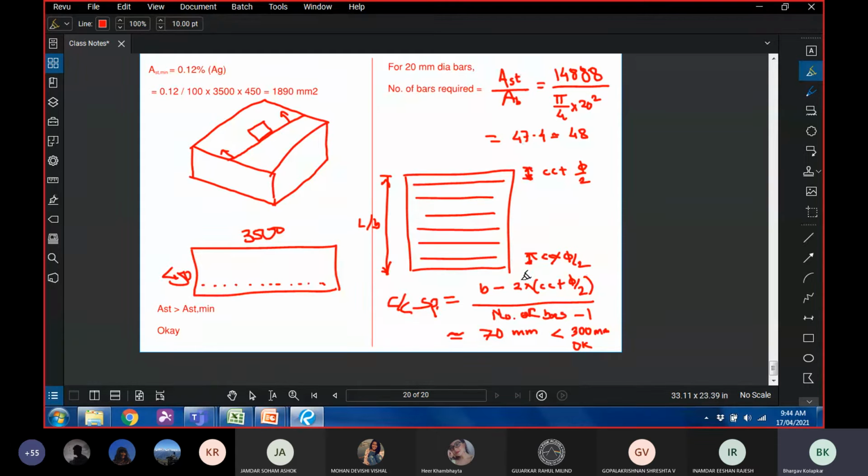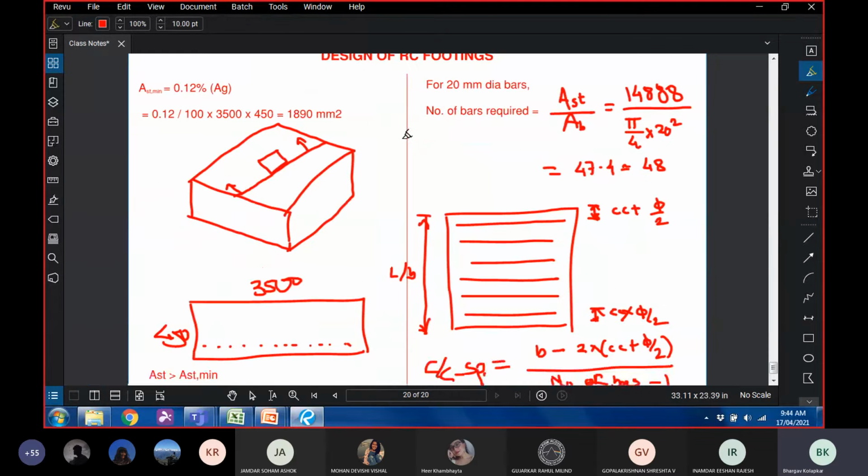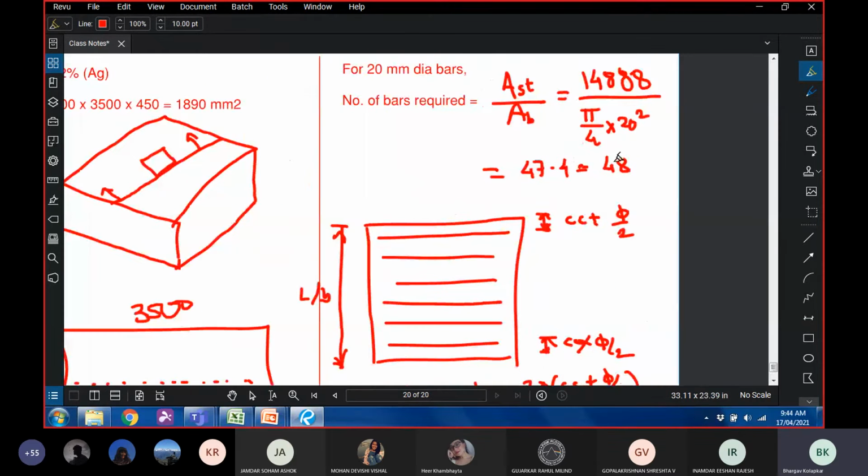If you are short of time in the exam, you might just skip this step. I'm just saying, because you're providing so much reinforcement. There are 48 bars, so you can just quickly divide 3500 by 47 and find 74 or something. So you are basically providing a spacing that is way less than 300.